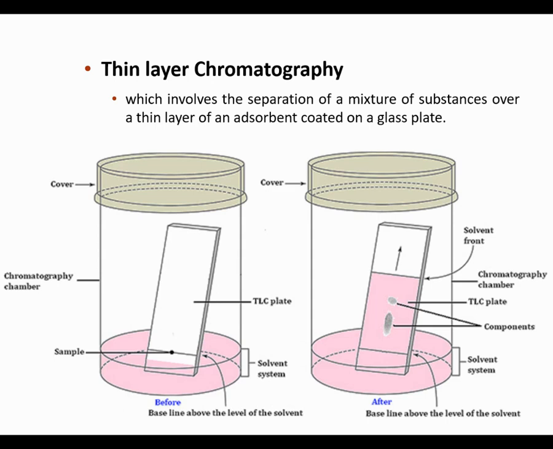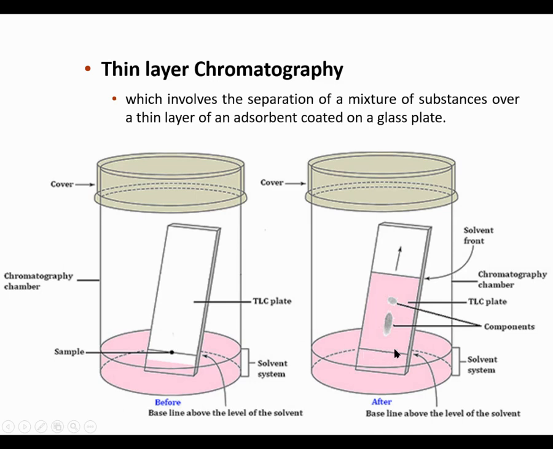Now, after the 1 hour session has been completed, you will be identifying the distance traveled by the solvent and the distance traveled by the solute. So this is your TLC plate or thin layer chromatography plate. You have your sample. Now, this is the line of your sample, and this is also the line of your solvent.